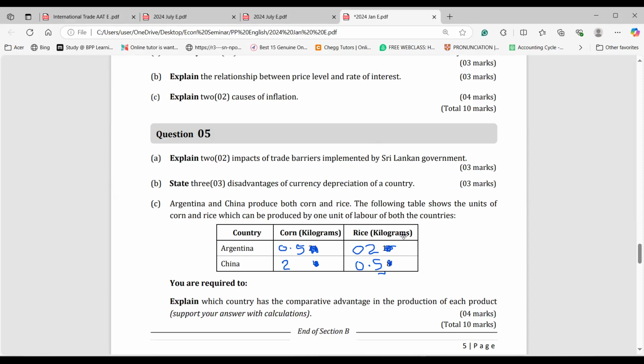Therefore, China has comparative advantage in the production of rice.